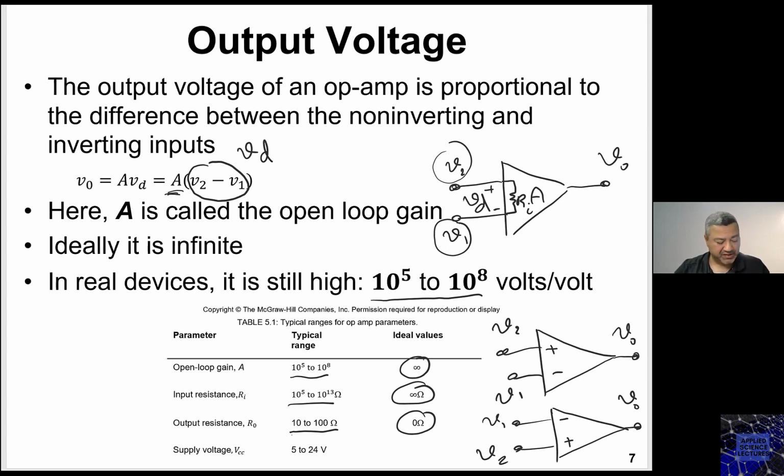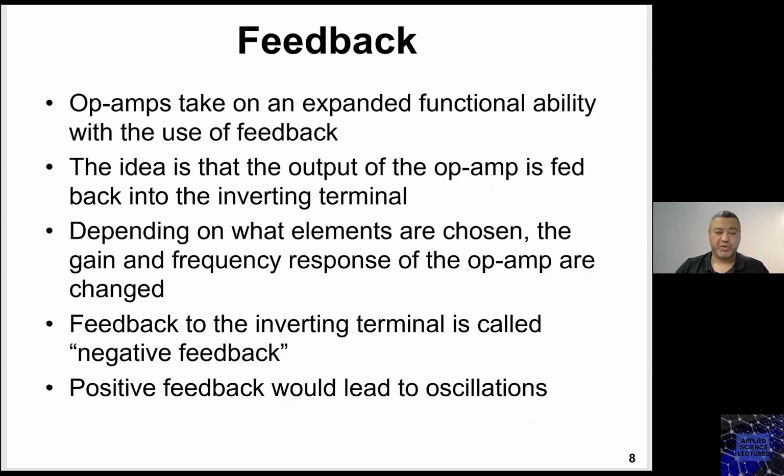Now we will see that this is a bit restricted, and we don't prefer using the open loop topology in the operational amplifier, and that's why we tend to decrease this gain and have control on the gain, because ideally this gain can be infinity.